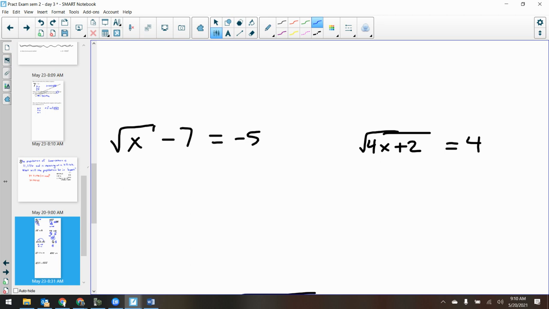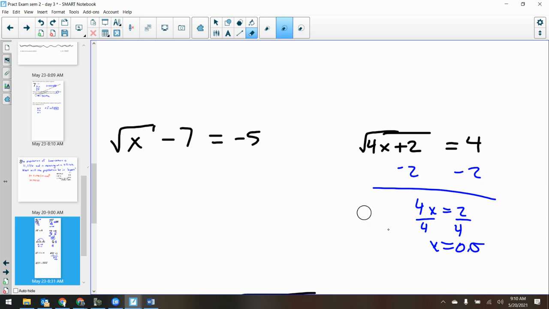You know what I had people do? Everybody look up here. I just had people subtract 2, divide by 4. Like just ignore the radical sign, like it was just not there at all. A lot of people did that. Don't do that. Don't be that guy.